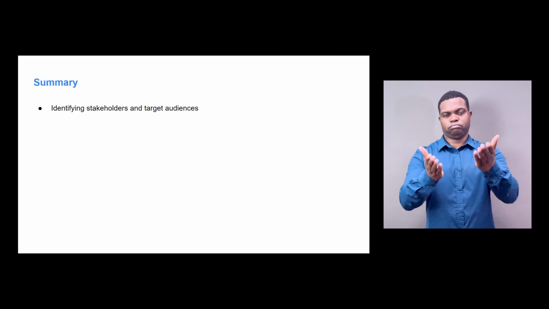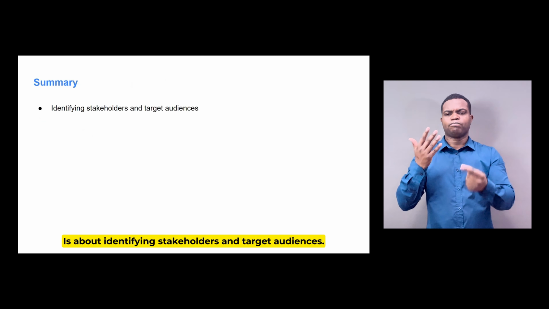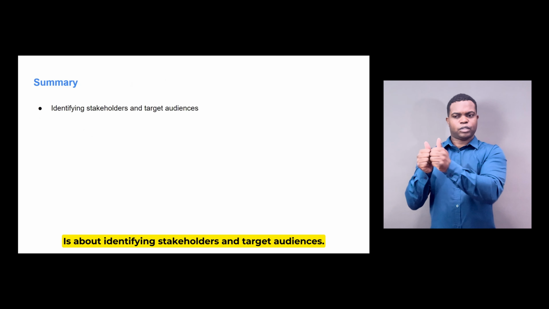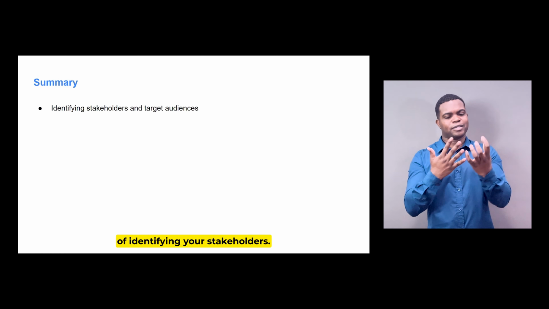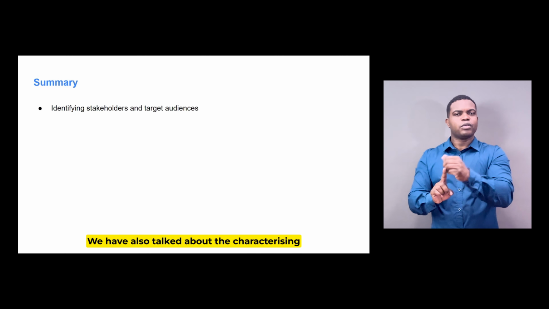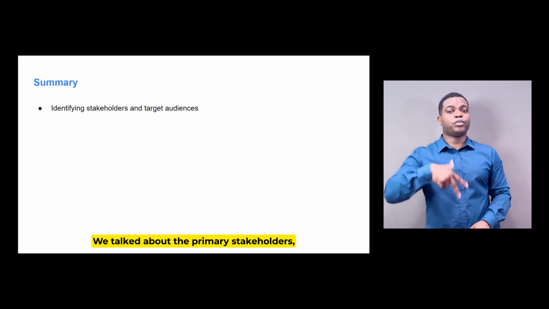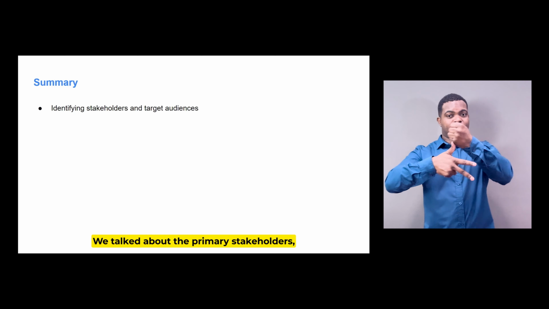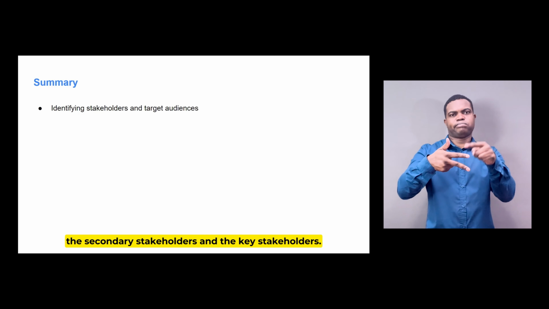In summary, this module is about identifying stakeholders and target audiences. We have talked about the importance of identifying your stakeholders. We have also talked about characterizing stakeholders into 3 categories. We talked about the primary stakeholders, the secondary stakeholders, and the key stakeholders.